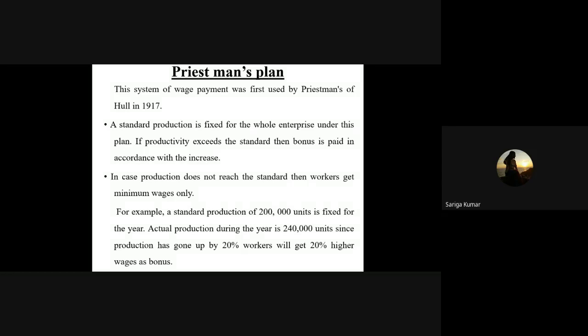A standard production is fixed for the whole enterprise under this plan. So the entire organization gets one plan. On the basis of the production output required by top management, that will be given as a target to the entire organization. If the productivity exceeds the standard set by top management, then a bonus is paid according to the increase in output given by the employees of the organization.